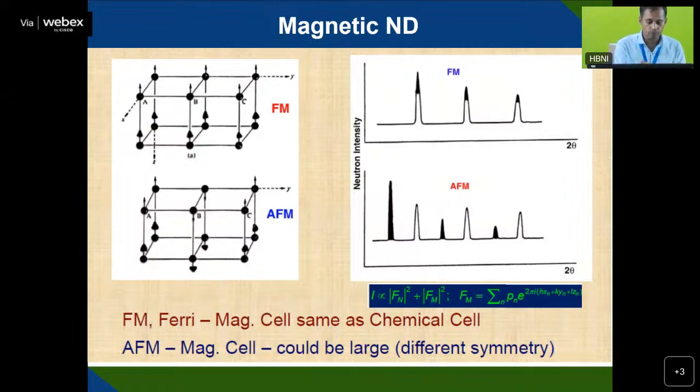In one example here, if a ferromagnetic interaction is there, all spins are aligned in one direction, and you can see an additional increase in peak intensity.